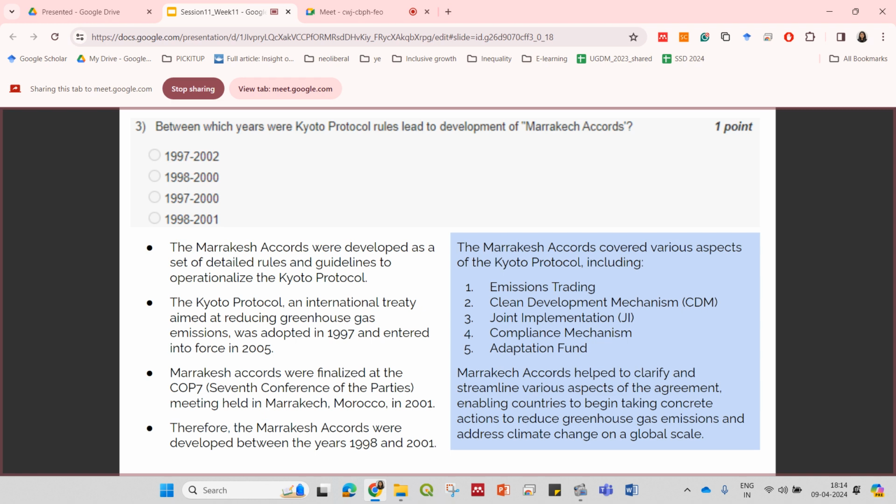So according to this, we can interpret that the Marrakesh Accord was developed between the year of 1998 and 2000. That is your answer.